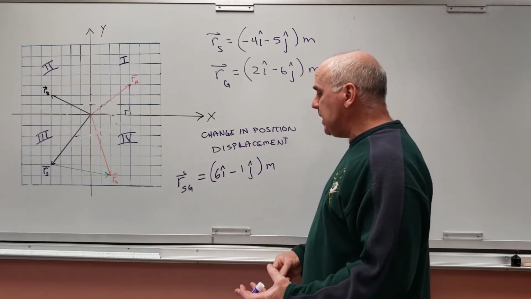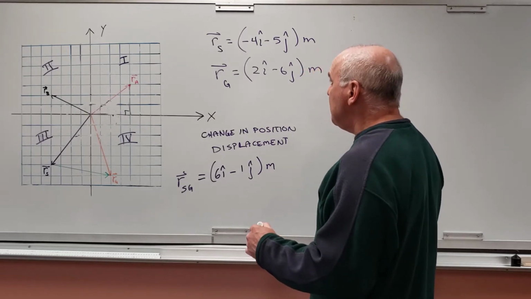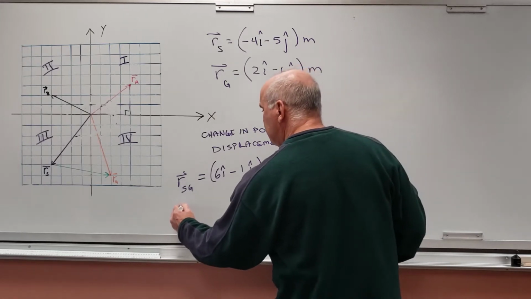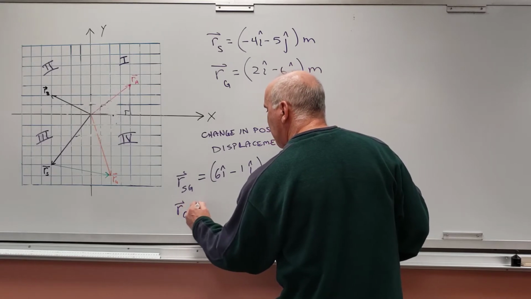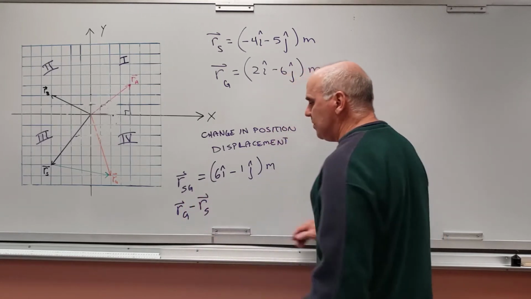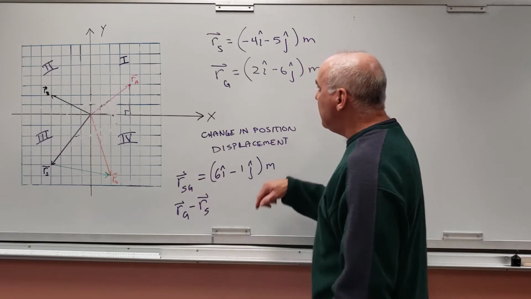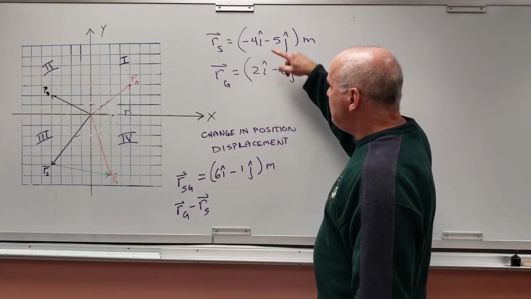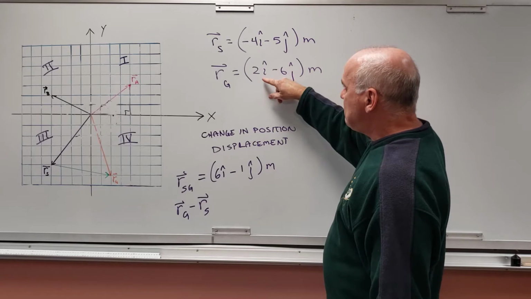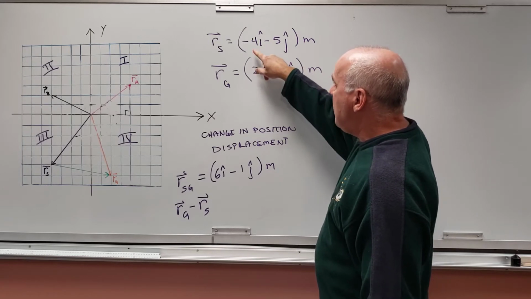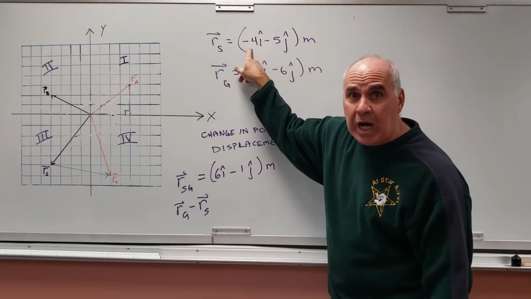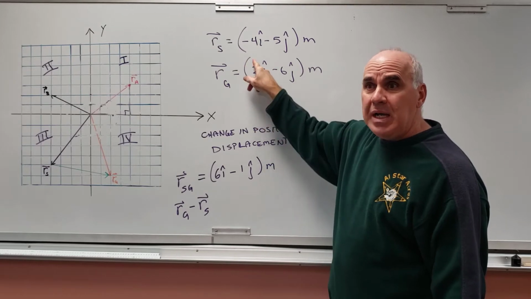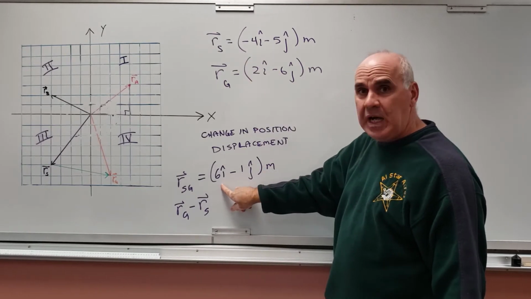I can get that by taking the position of Grayson minus the position of Shelby. So notice I've reversed my subscripts. If I take Grayson minus Shelby, I'm going to subtract the i's, 2i minus a minus 4i becomes 6i.